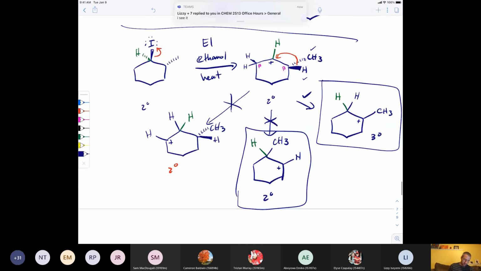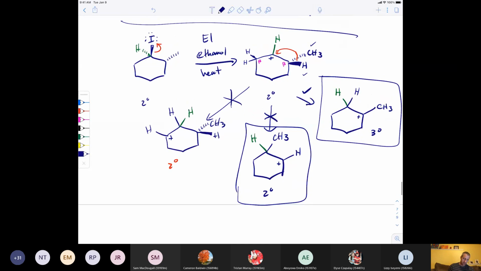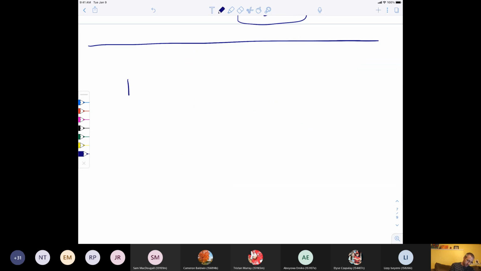So if I gave you a question almost identical to this, if I gave you a question that started like this, and those are both CH3s. Ethanol and heat, still E1, and we lose our iodide, pop in some lone pairs.